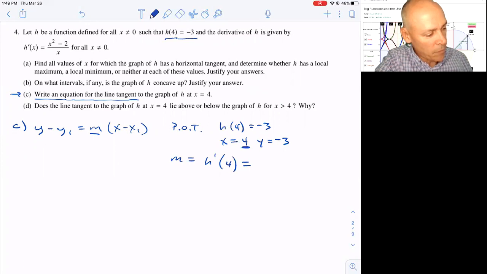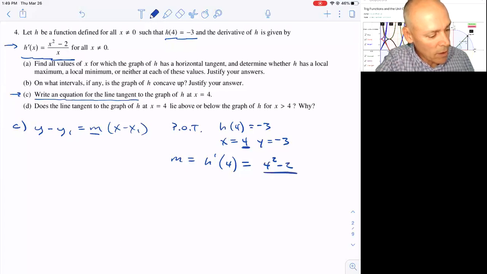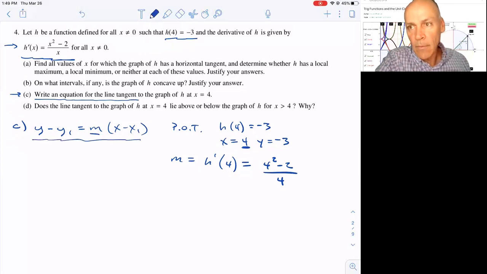So for h prime at 4, I just drop that in. I'm looking at h prime of x, my equation for that. So h prime of 4 is going to be 4 squared minus 2 over 4. Okay, now I'm just going to take the information I have on the right and drop it into my point slope form for my linear equation.